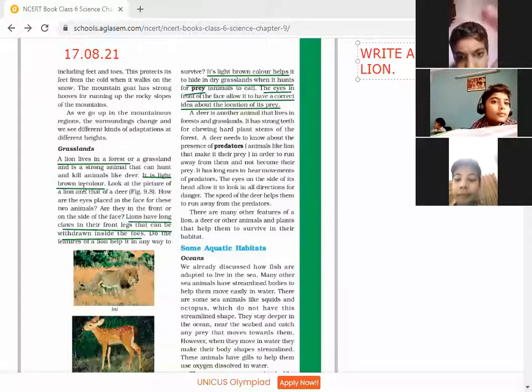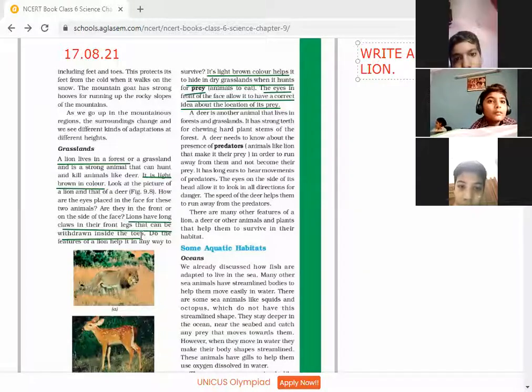Lion is light brown in color. It has long claws in its front legs that can be withdrawn inside the toes. Now, these are the two adaptations. After that, you have to tell how this light color helps the lion. So light color helps the lion in hiding itself when it hunts the prey.